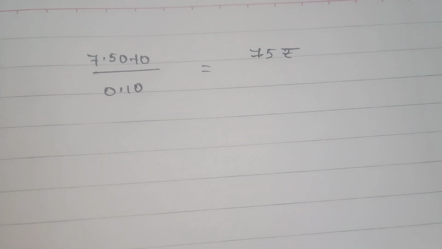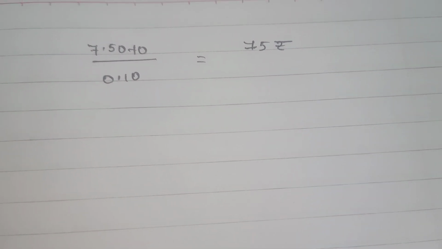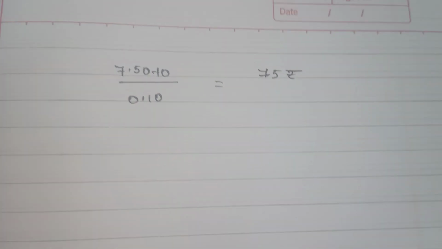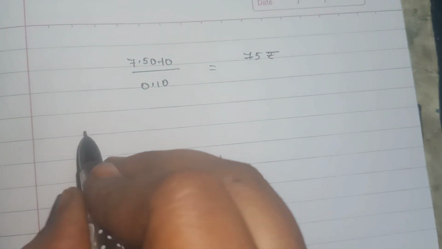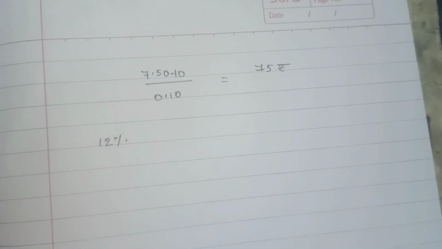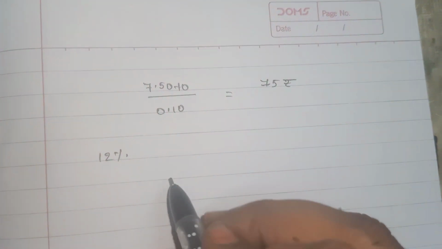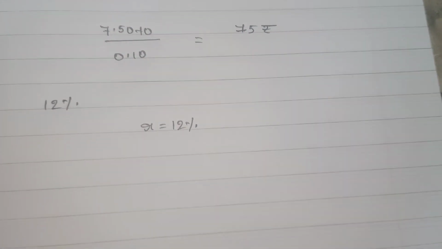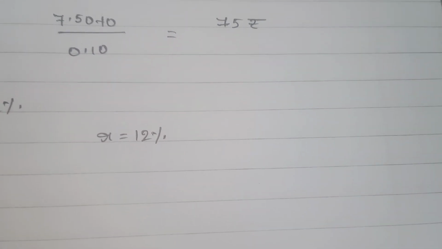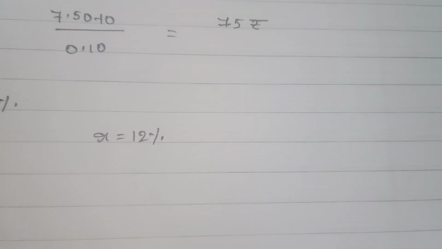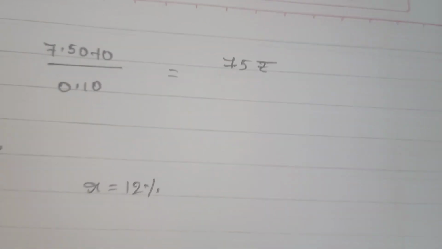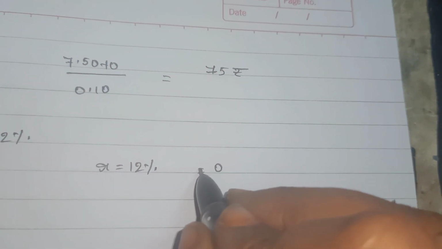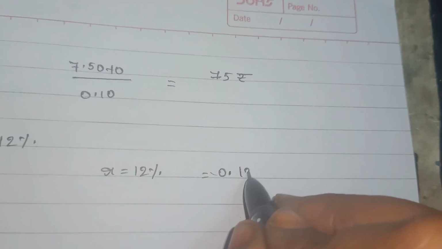Okay, now let us do the sum for 12%. R is equal to 12%, and when we convert it into decimal points, it is 0.12.